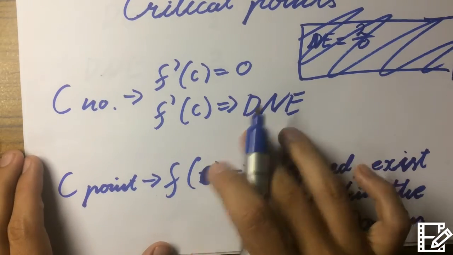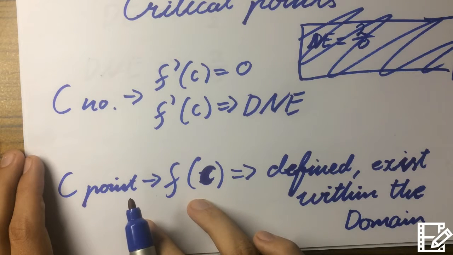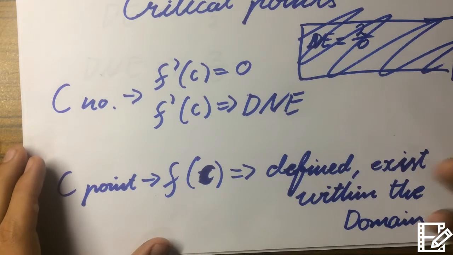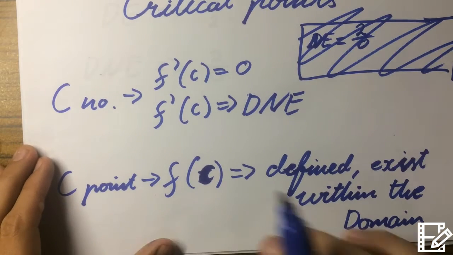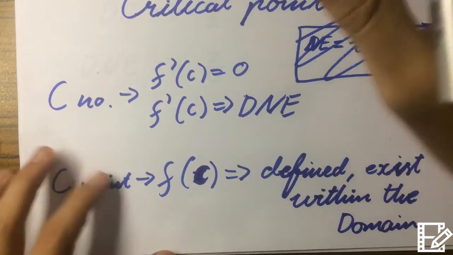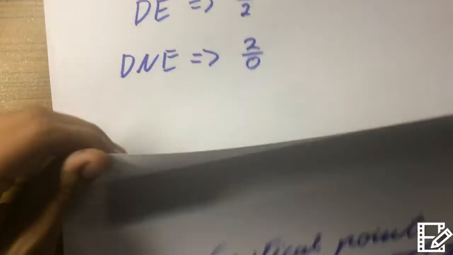Then once you have your critical number, you sub that back into the original function, and if it comes out defined, then it's a critical point. If it doesn't come out defined, it means it doesn't exist within the domain, therefore it's not a critical point. It may be a critical number, but it's not a critical point. Anyway, a little quick overview again.